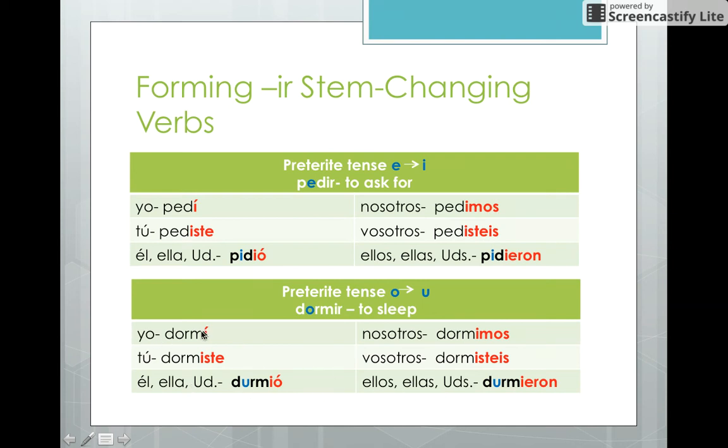So you have yo dormí, tú dormiste, él, ella, usted durmió. So the O changes to a U right here, and you still have the same conjugation at the end. So nosotros dormimos, vosotros dormisteis, ellos, ellas, ustedes durmieron. And then you have the O changes to a U, and then you still have your change right here. So remember, these are called slipper verbs in the past tense when you're changing the stem.